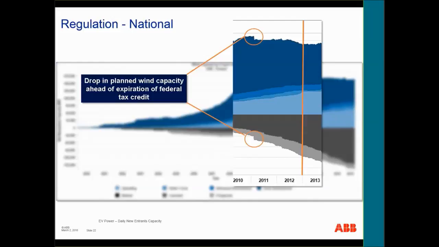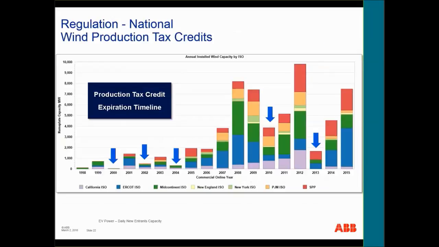You saw a significant drop in the amount of planned capacity that was going to be coming online from wind development. When it became evident that these projects would not be able to come online by the expiration of that tax credit, we saw a drop-off and a lot of these projects got canceled. This is a trend that we see throughout national regulation. In expiration years, we see significant drops in installed capacity.